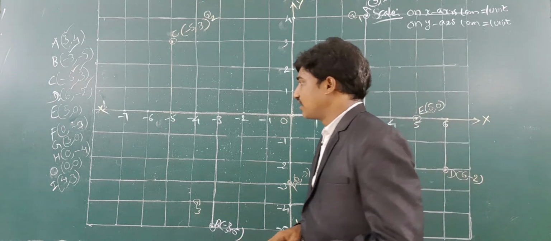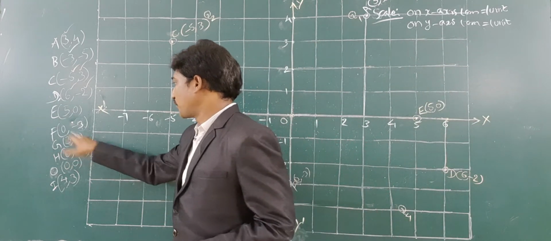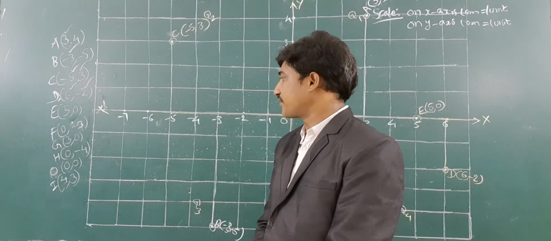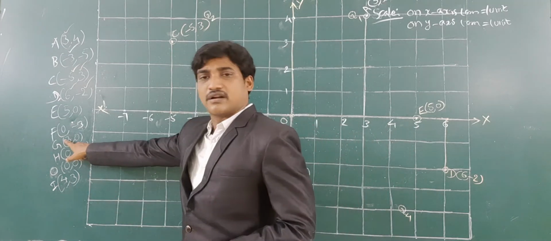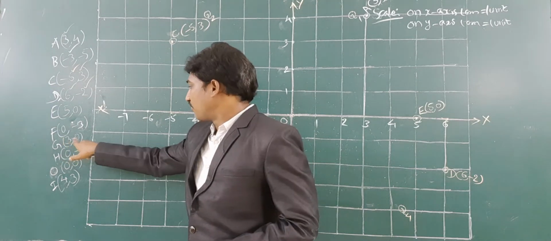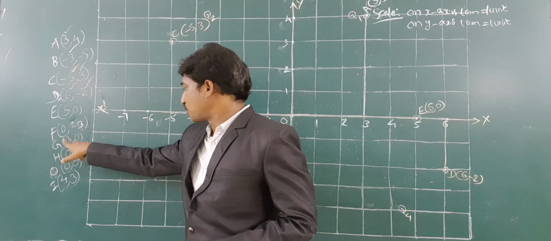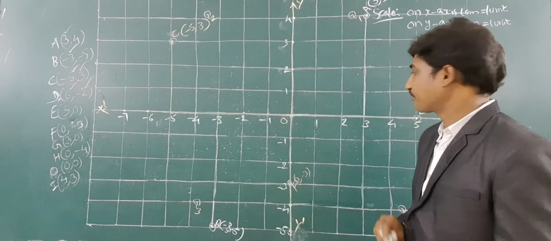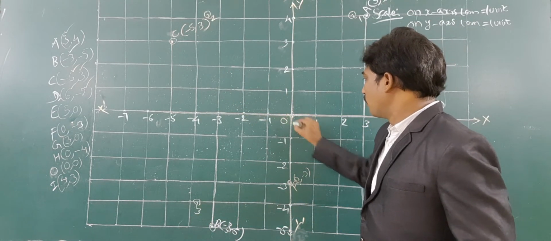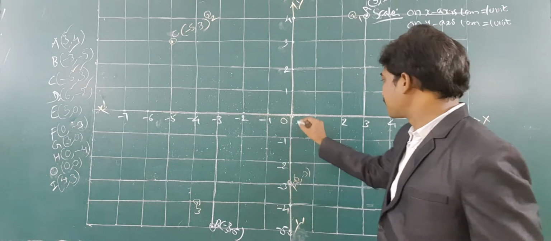Next, let us take the point Z (3, 0). Let us plot the point Z (3, 0). For the ordered pair (3, 0), the x coordinate 3 is positive. From the origin, move 3 units along the positive x-axis.